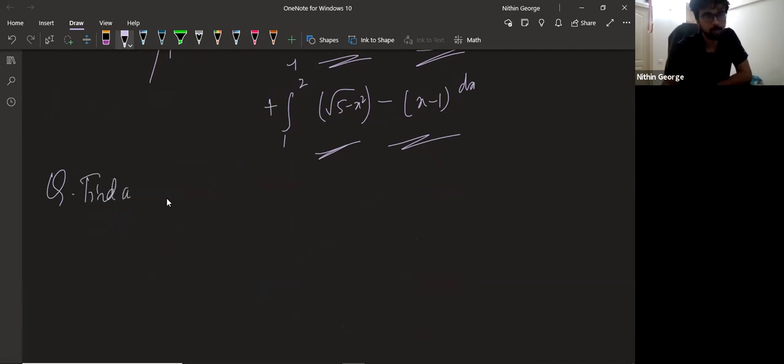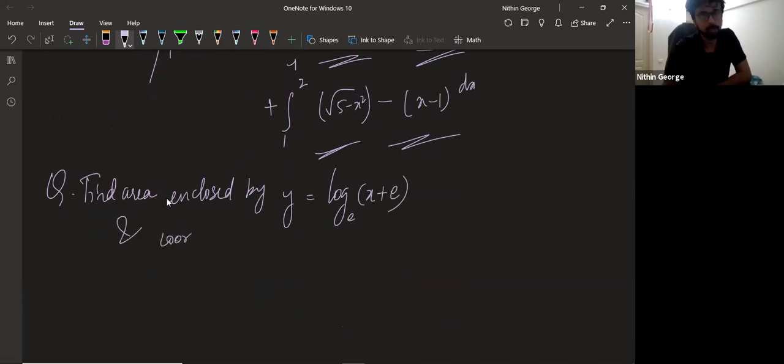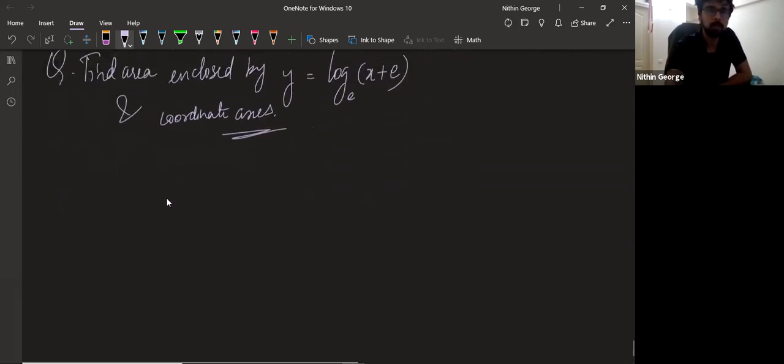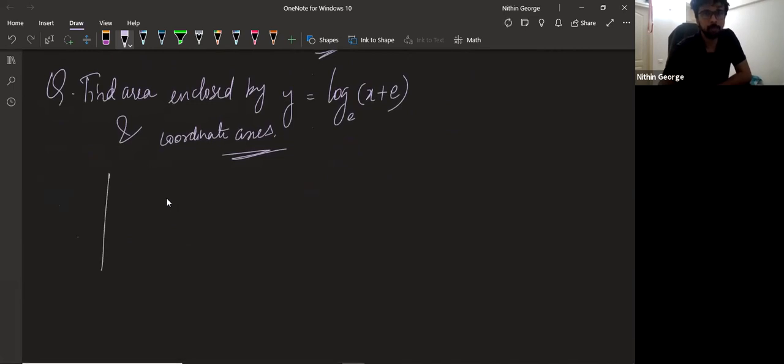Find the area bounded by the curve y equal to log to the base e of x plus e and the coordinate axes. What is happening here? You know y equal to log x will look like this.